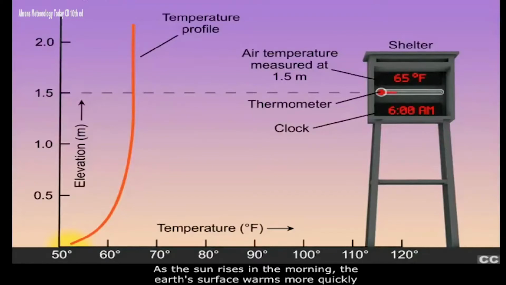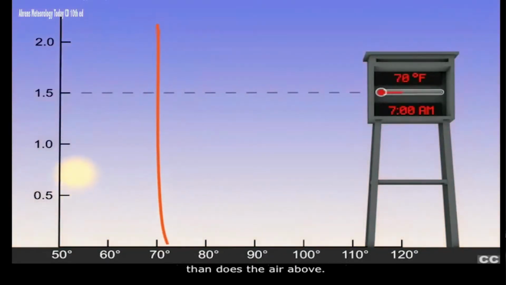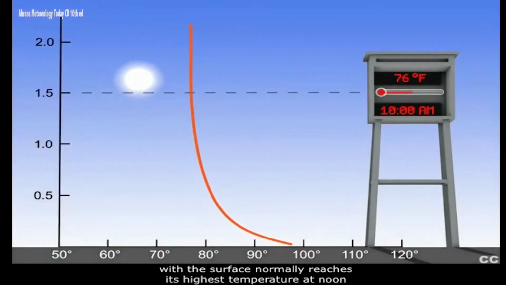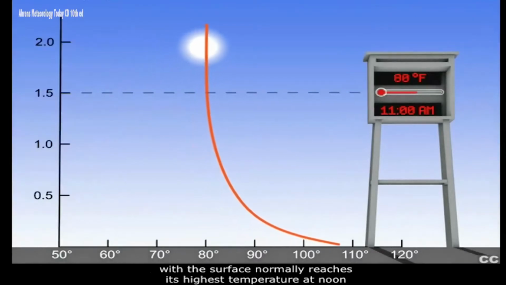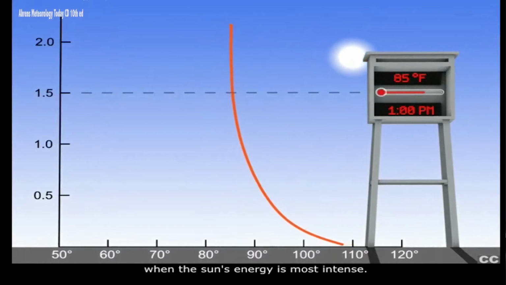As the sun rises in the morning, the Earth's surface warms more quickly than does the air above. On a clear, calm day, the air in contact with the surface normally reaches its highest temperature at noon, when the sun's energy is most intense.